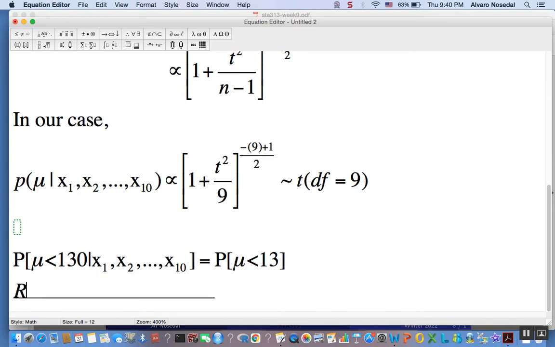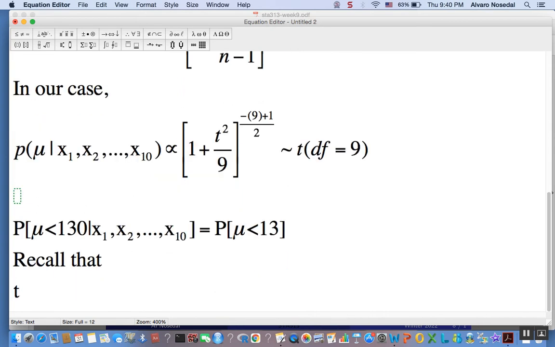So recall that our transformation looked something like this.